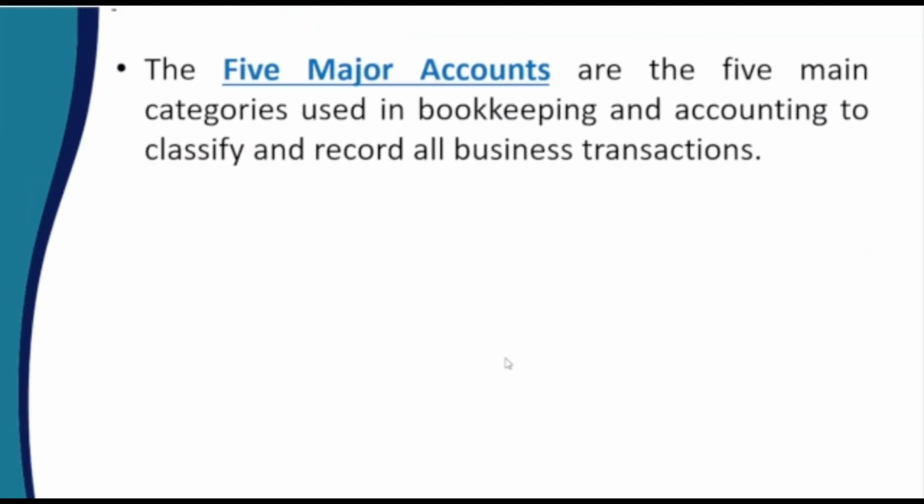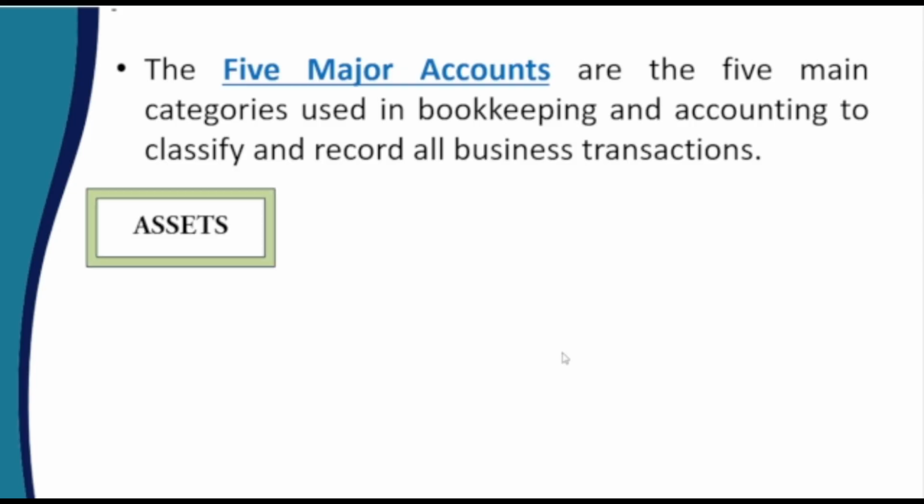So, what are the 5 major accounts? These are the main categories used in bookkeeping and accounting to classify and record all business transactions. These are the most major categories used by bookkeepers and accountants to classify all records of the business transactions.